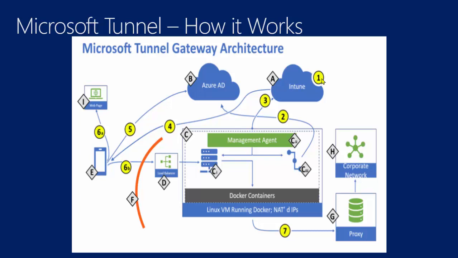Well, the Microsoft Tunnel Gateway service has to be configured as to how it should operate when providing that VPN connection through it, right? So in Intune, there's a section called Server Configuration, and that server configuration will specify how the Linux server needs to be configured in order to support the tunnel gateway, right?